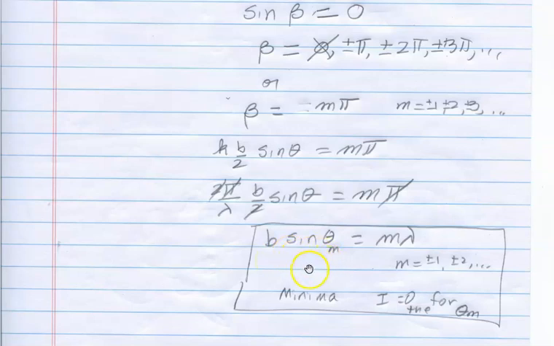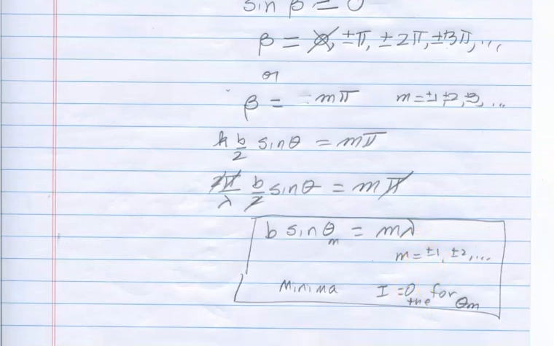That sine vanishes, so we get 0 intensity for b sine theta equal to m lambda. M labels this value here, so I get a whole bunch of relative minima, all where I is equal to 0 at these integer multiples of lambda. With the exception of m equal to 0, where it's a maximum, as we see.